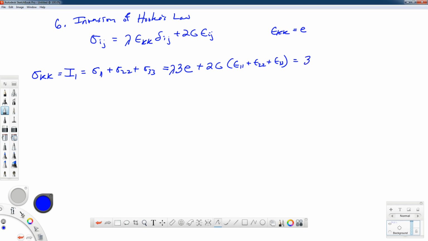So we're going to have 3 lambda plus 2g times the trace of the strain tensor. And we can even write that in terms of J1 if we want.